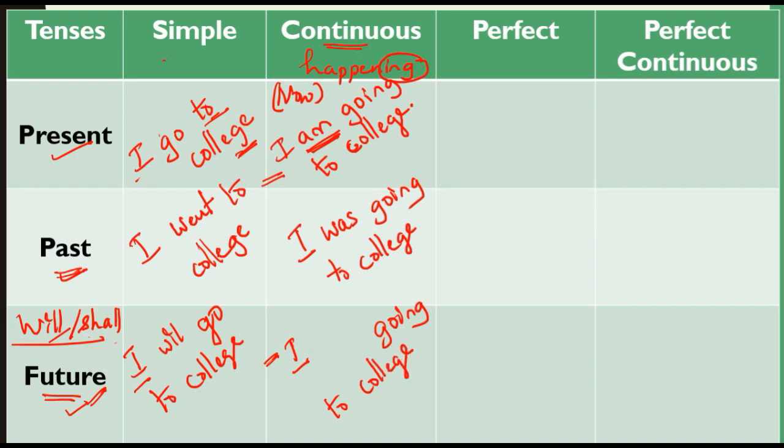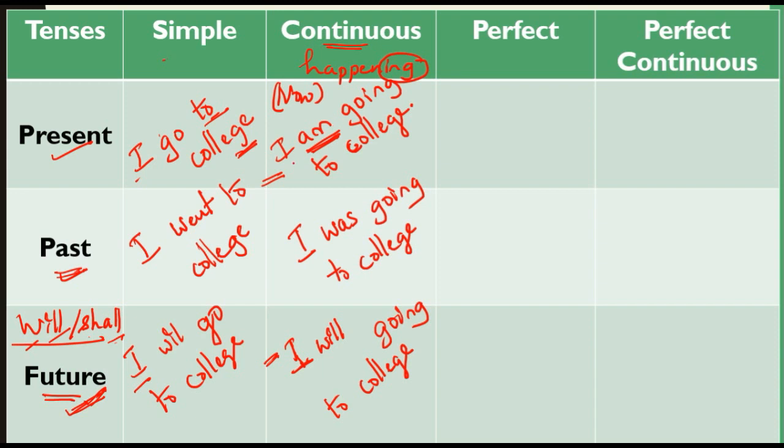So now there are two things which will change over here. As we have already discussed, let me remind you, future tense sentences will not be able to survive without will and shall. So definitely you have to add the word will over here after the subject, that is I.